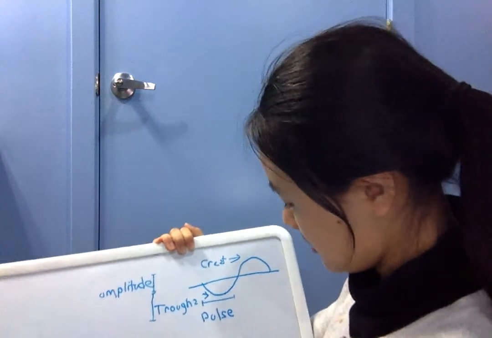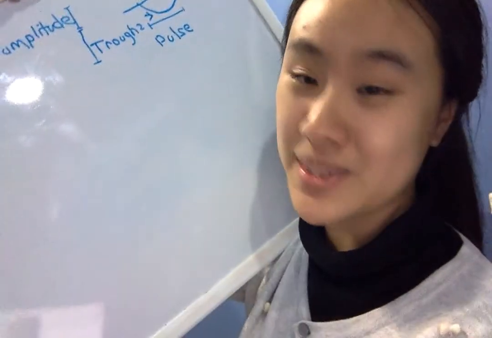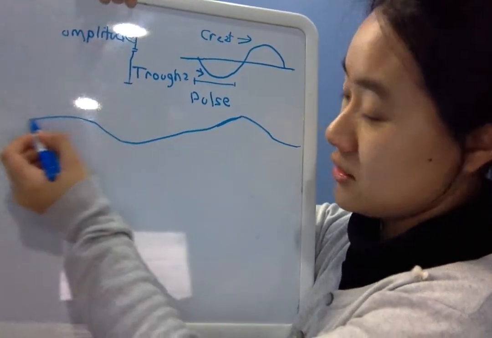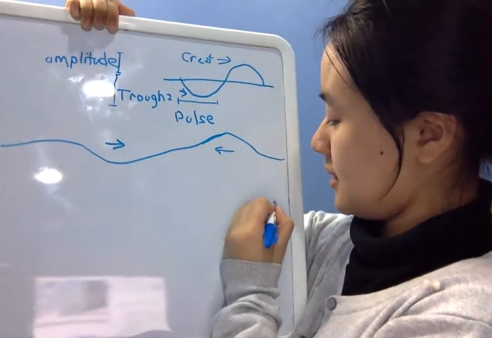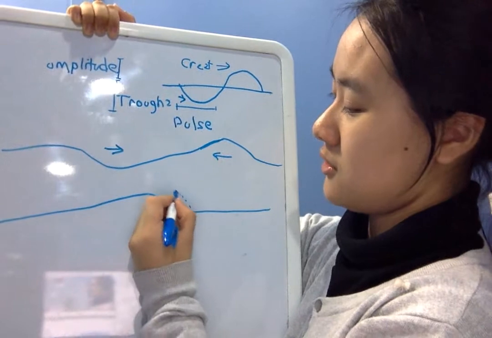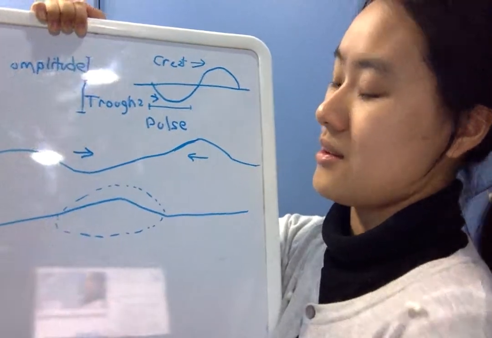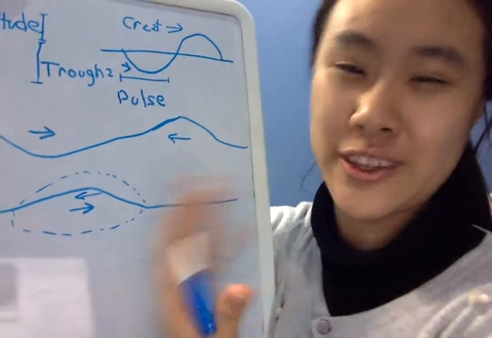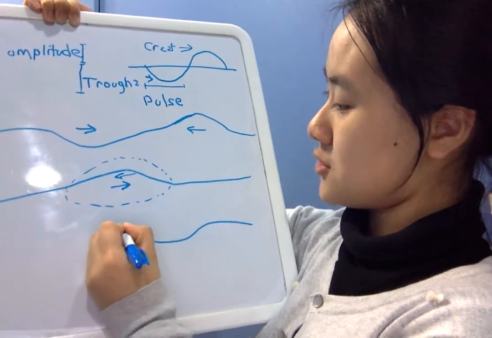So destructive interference happens when a crest and a trough interfere with one another, and they come to a neutral amplitude, because this is the original height of the crest, this is the original height of the trough, and when they interfere, they form a smaller or neutral amplitude, and they end up switching sides.